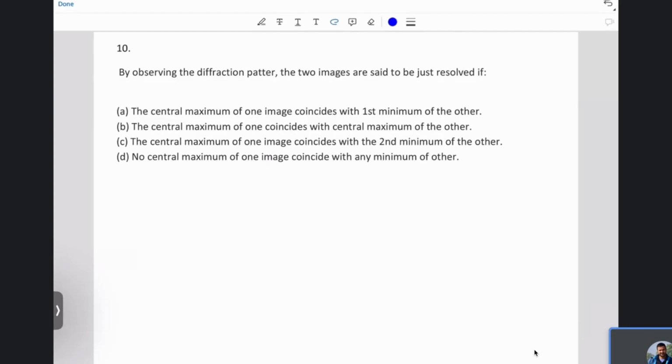So when do you say that the images are resolved? By observing the diffraction pattern of two sources. Okay, what is the Rayleigh condition?